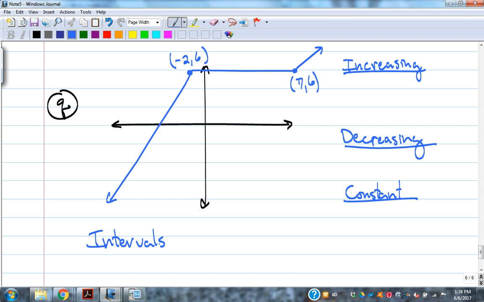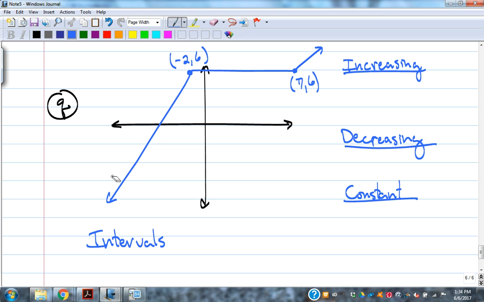Now, when we're talking about increasing, decreasing, or constant intervals, if it's increasing, it's going to be moving up. So when we read these graphs, you've got to be careful to think, okay, don't follow the arrows. Read it left to right like you would a book.